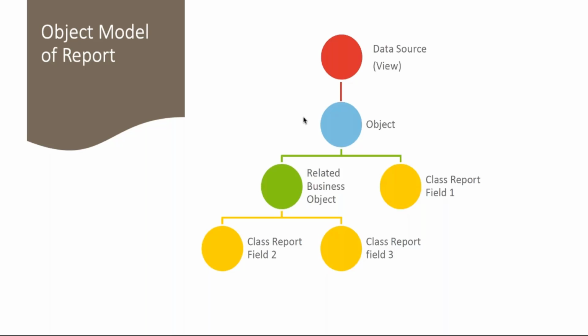There will be a business object related to organizations, which will store all the data in form of fields. So organization type will be a field under the business object of organizations, organization name, organization hierarchy, all the things related to organizations.